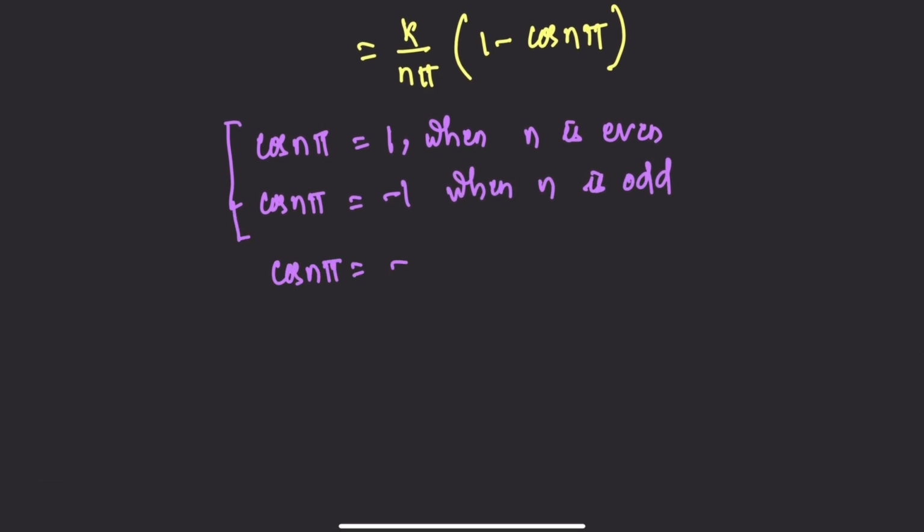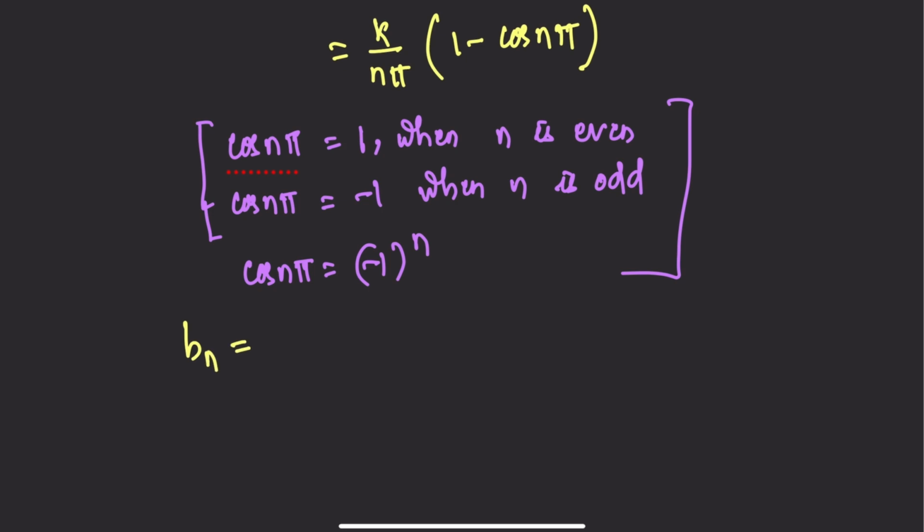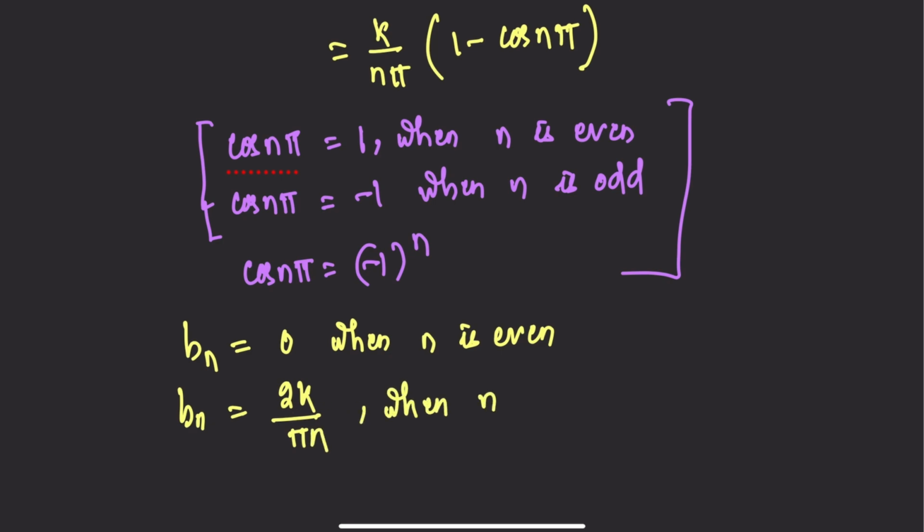So we can write cos n pi equals to minus 1 power n. Okay. So Bn is 0 when n is even because cos n pi is 1. So 1 minus 1 becomes 0. Okay. And Bn is 2k by n pi when n is odd. Okay.